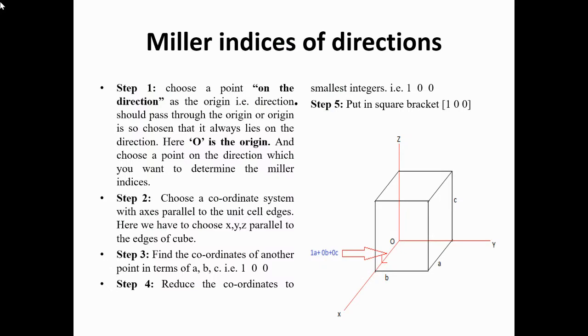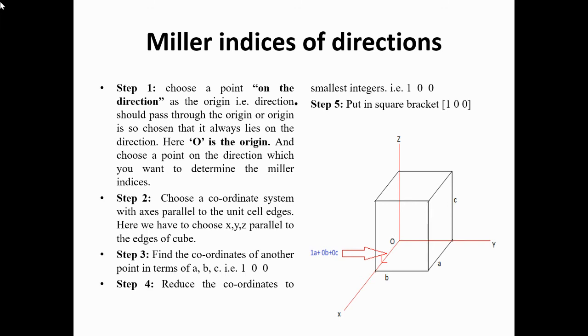Now coming to the next part, that is the Miller indices of direction. When we work with crystal systems, we need to specify the directions and planes of the crystal. That is how we can know the arrangement of atoms within a unit cell. Okay, so Miller indexing is the standard procedure for this purpose.